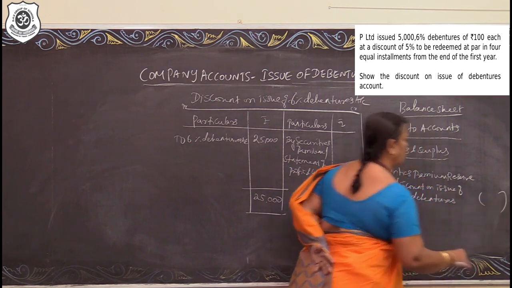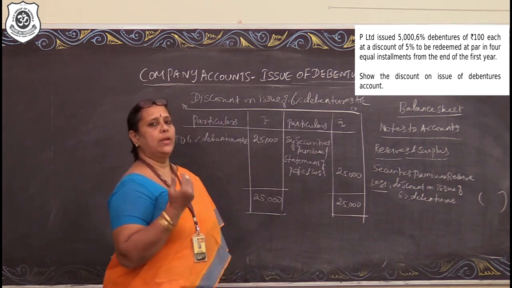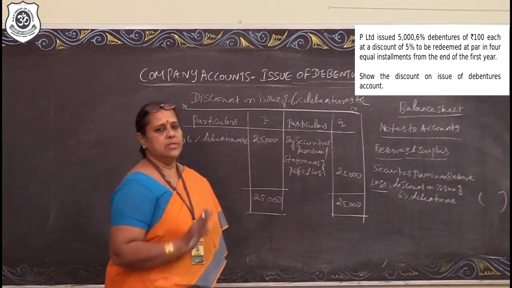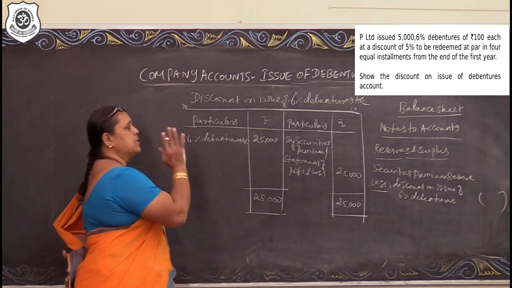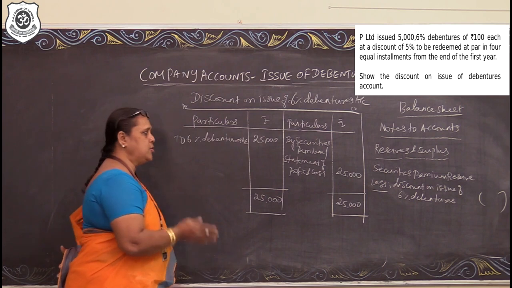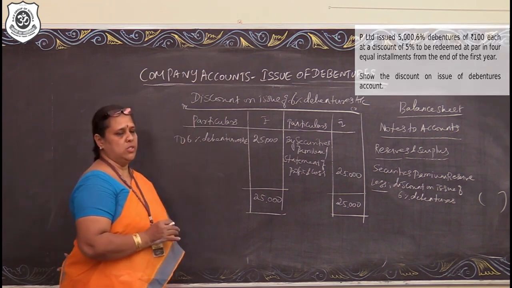That's all. It will be shown as a reduction from securities premium reserve or any accumulated reserve which is there in the reserves and surplus. This is how we will treat discount on issue of debentures in the balance sheet, and this is how we will prepare discount on issue of debentures account.